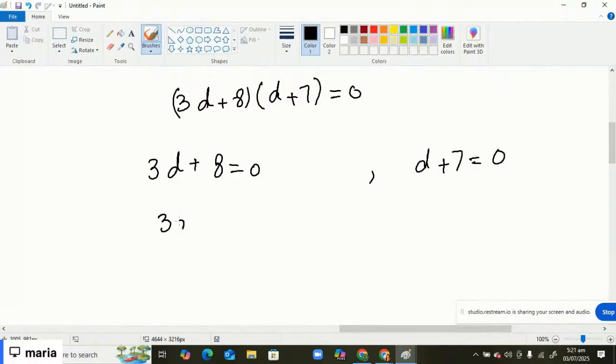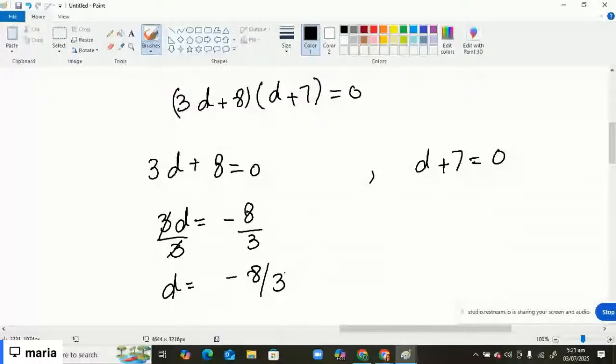Now for this side, 8 is moving, it becomes negative 8, dividing both sides over the 3. So this side should be cancelled, and here the answer is minus 8 over 3. Now d is equals to, here is plus 7, here is minus 7.